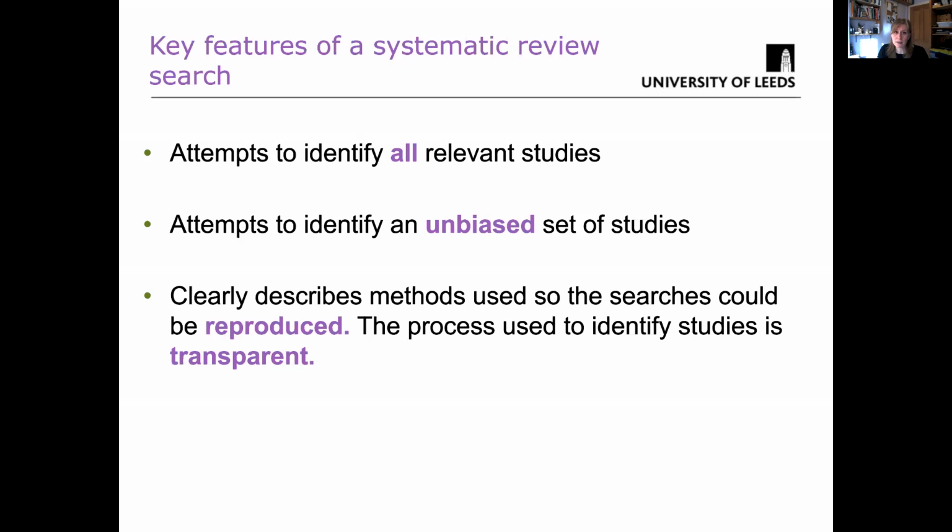If you read a systematic review that has very scant methods on the searches, they haven't really described what they've done, or they've described it in very vague terms, that starts to ring alarm bells, because you're not really sure how they found the evidence, and then you're wondering if they're not really explaining it fully, maybe they haven't done a very good job. So that's why we're quite keen on being really clear with how we found our evidence.